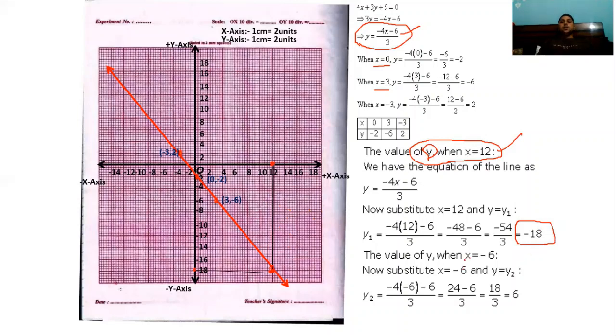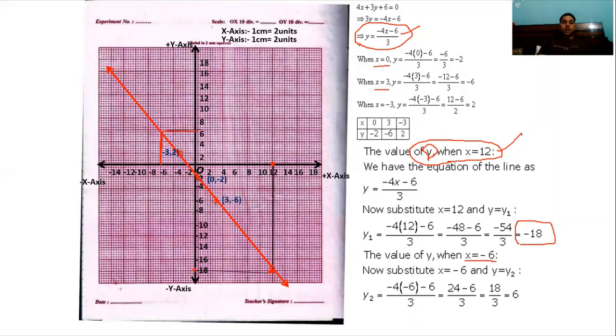Similarly, when x is equal to minus 6, same format. This is your origin 0, 2, 4, minus 6. In this case we drop the perpendicular on this side. When we drop it, it meets the line at this particular point.